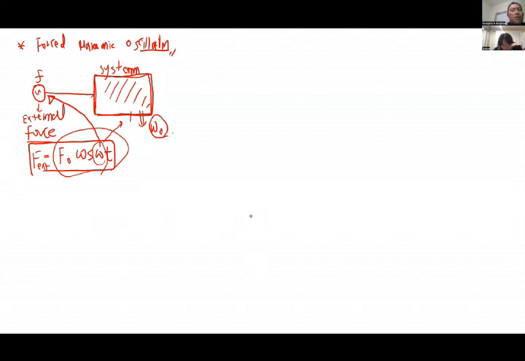The system has a separate frequency, omega naught. For a simple harmonic oscillator or damped harmonic oscillator, that frequency is determined by k, m, or b, as I already showed you in the previous topics.